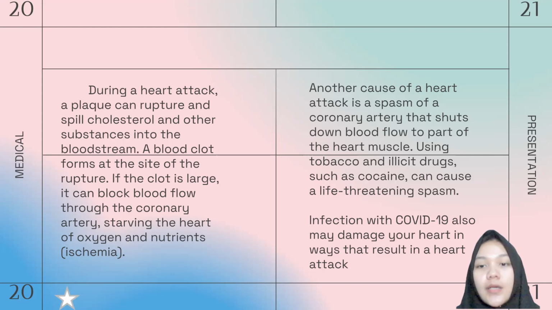Another cause of heart attack is a spasm of a coronary artery that shuts down blood flow to part of the heart muscle. Using tobacco and illicit drugs such as cocaine can cause a life-threatening spasm. And the other one, infection with COVID-19 may also damage your heart in ways that result in a heart attack.